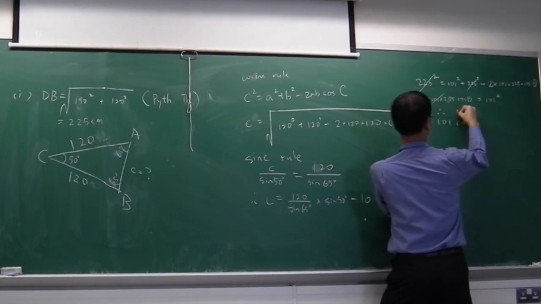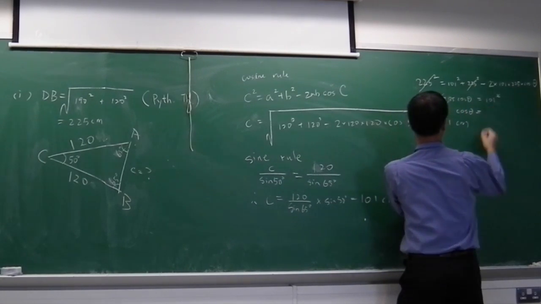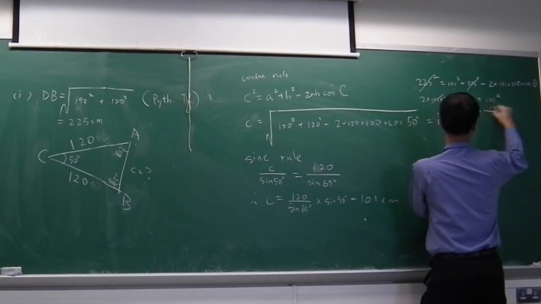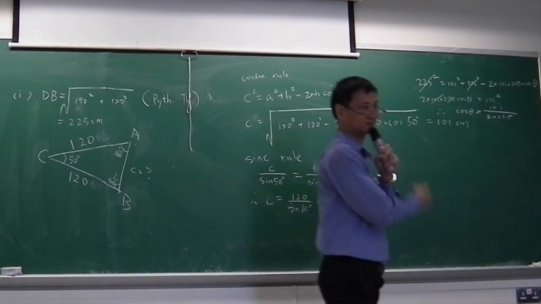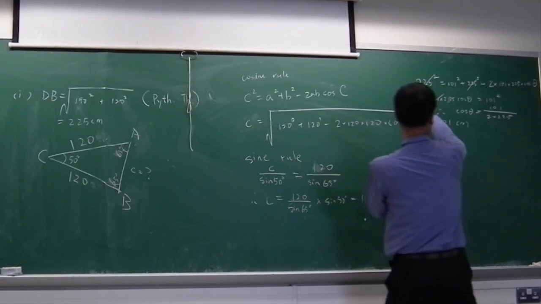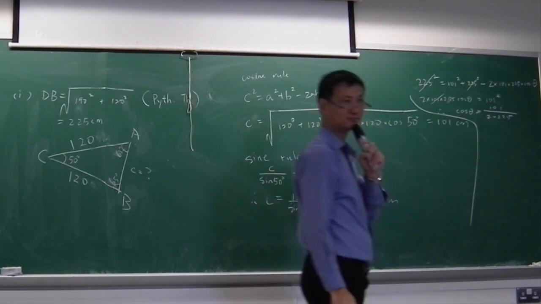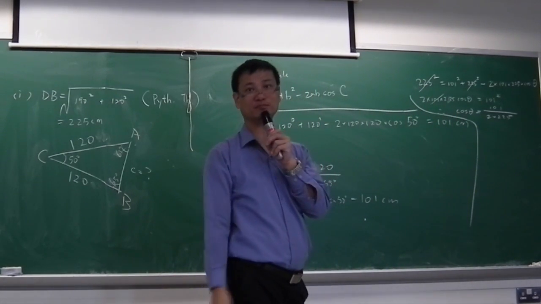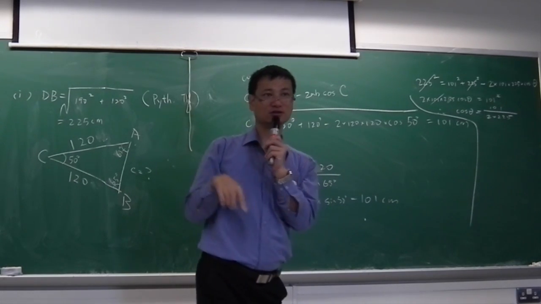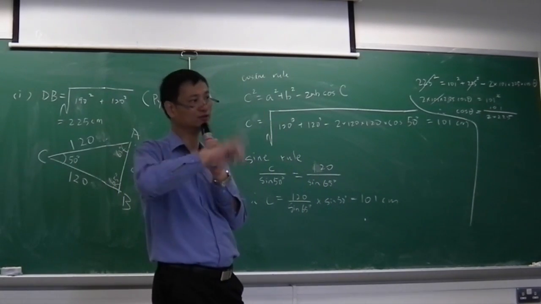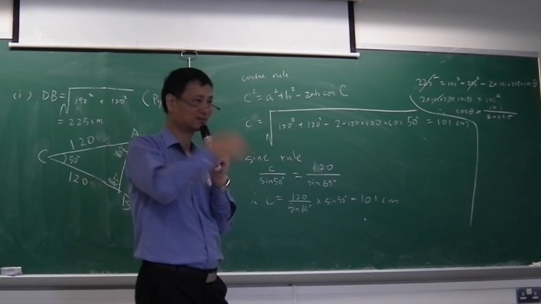So therefore, the formula is cosine theta just equals 101 divided by 2 times 225. Okay, not too difficult to compute. So if you are good at algebra, try to simplify it before using your calculator.